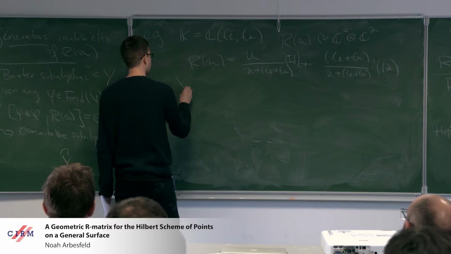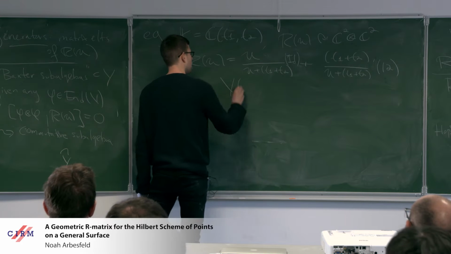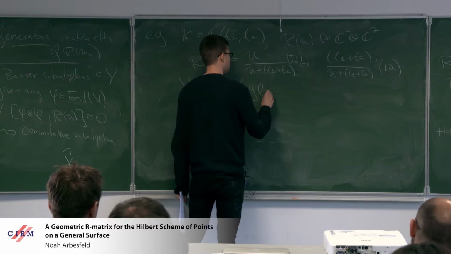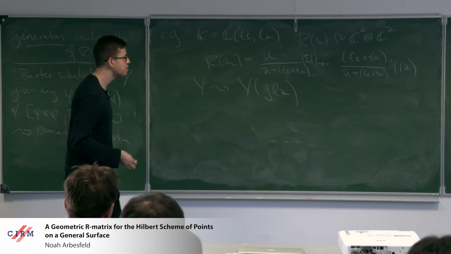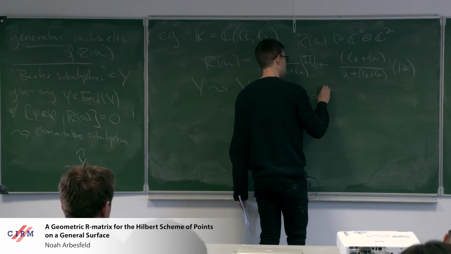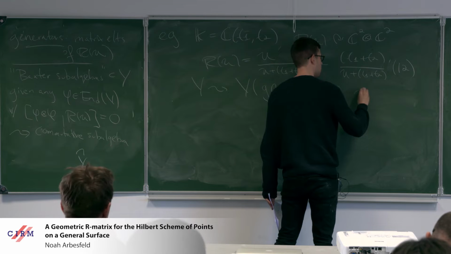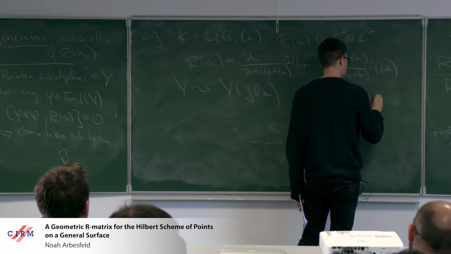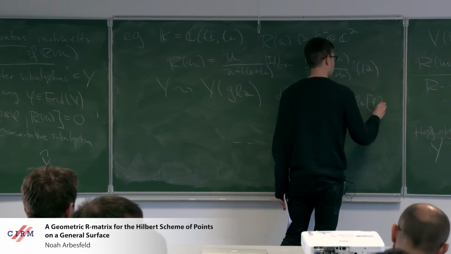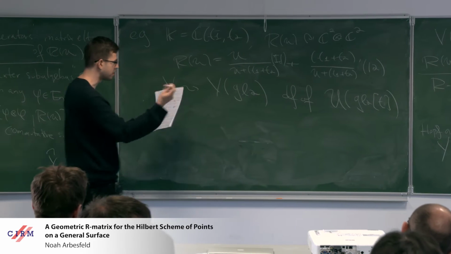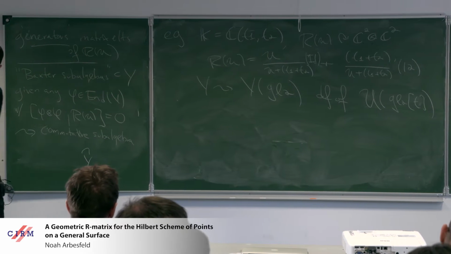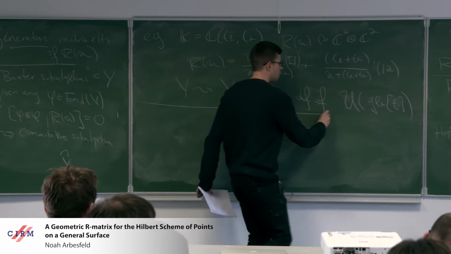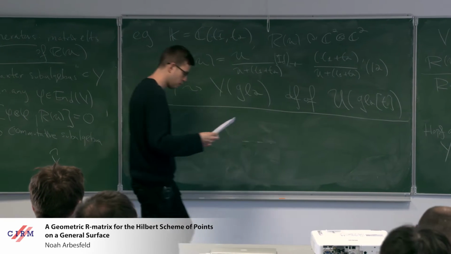And the resulting Y I get is what's called the Yangian of GL2. So this is some Hopf algebra deformation of the universal enveloping algebra of loops in GL2, and this is some familiar thing.